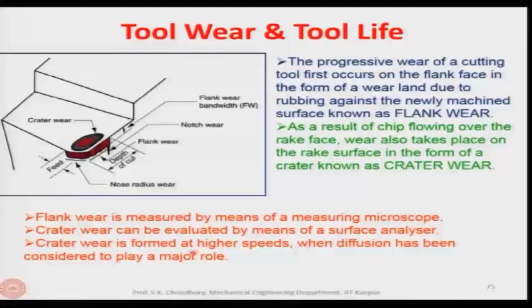A surface analyzer can measure the depth of the crater. Crater wear is formed at higher speeds, when diffusion is considered to play a major role. Normally, as machining starts, we have flank wear, and at higher and higher speed, when the chip is flowing at a higher velocity over the rake face of the tool, crater wear takes place.